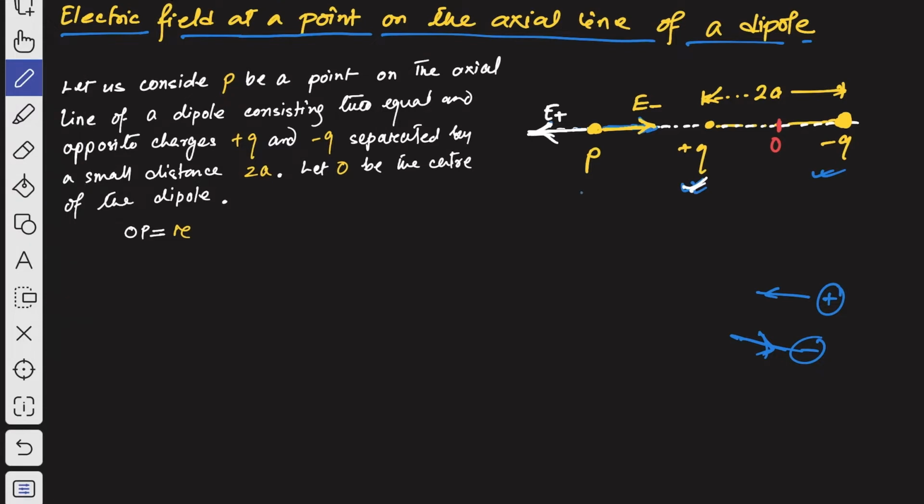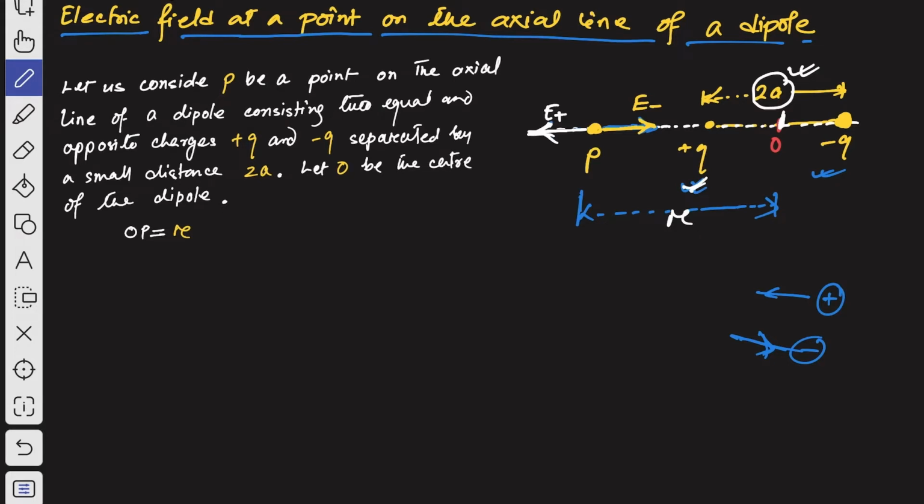Now let us consider that the distance between this point P and the center O is R. The distance between the two charges we have considered is twice a, and O is the center.